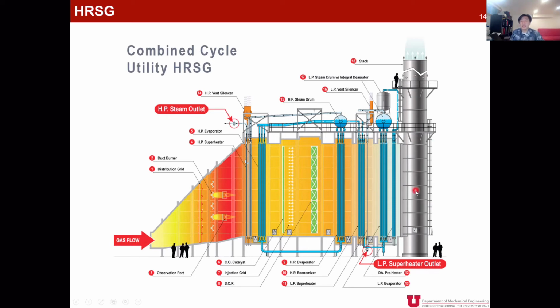And in case the exhaust gas temperature is not high enough, then there should be an auxiliary burner to make the temperature a little bit higher, to make a sufficient amount of steam at high quality. Okay? Then this gas goes to the chimney to be emitted to the environment.